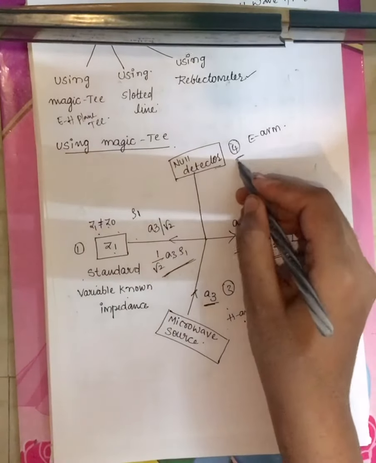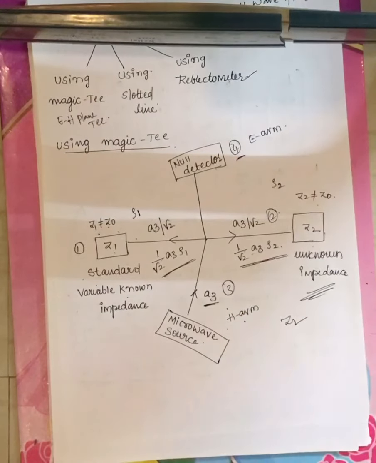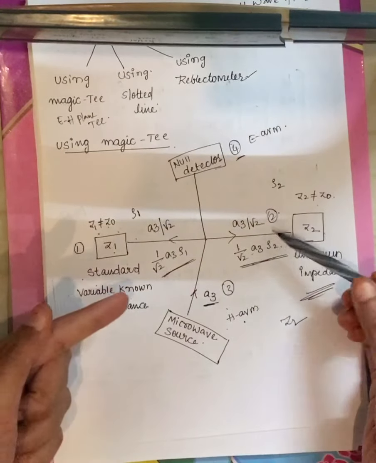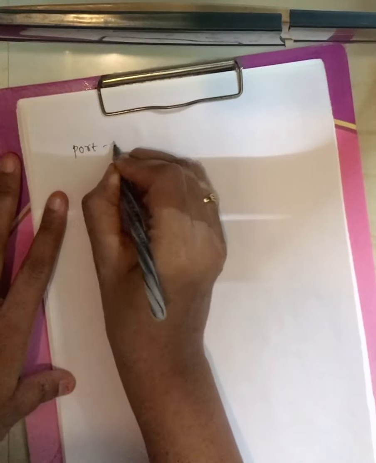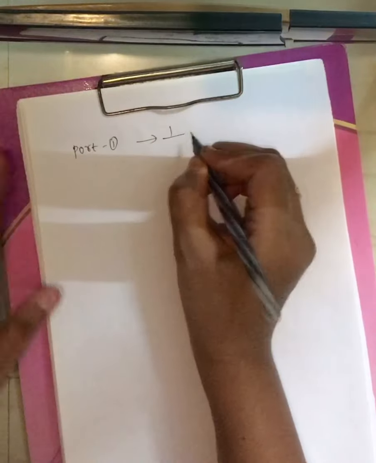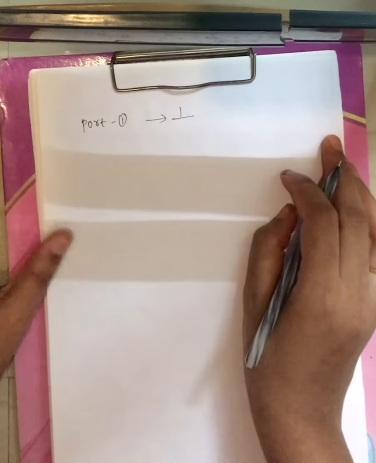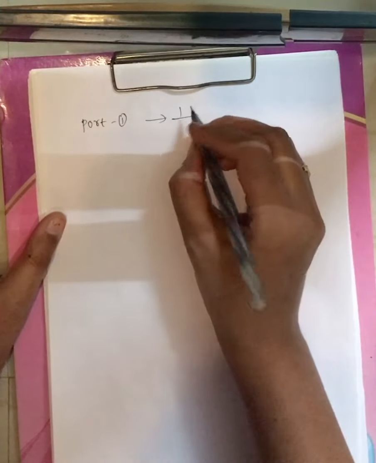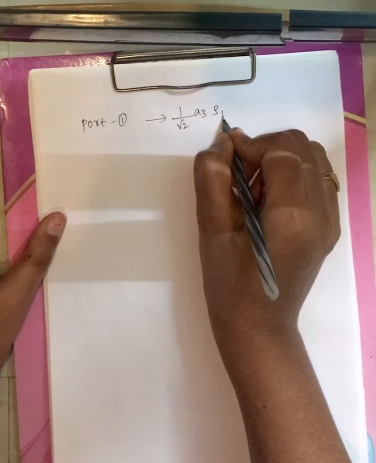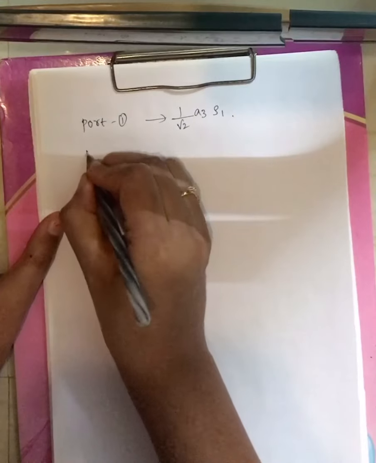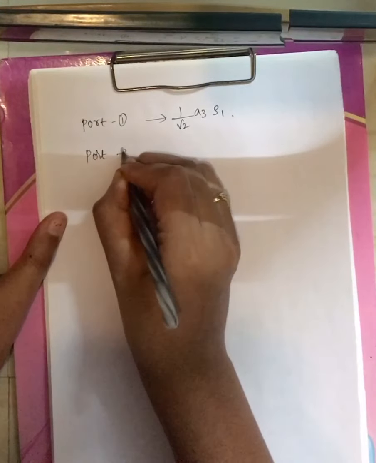Now what is the output at port 4, if I give input power from port 1 and port 2? See, at your port 1, because Z1 is not equal to the characteristic impedance Z0, you are getting some reflections, that I am representing as rho 1. This is at your port 1. Now what is at port 2?